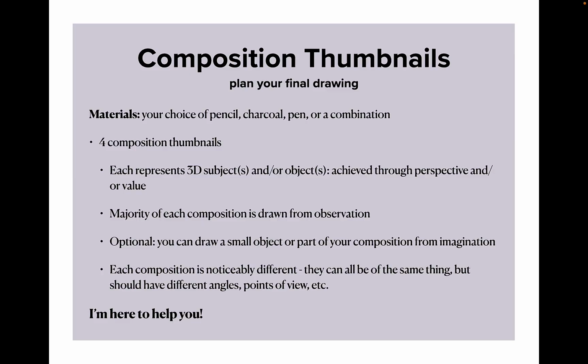You do have the option of drawing a small object or part of your composition from imagination, but the important thing is that the majority of it should be drawn from observation. And the same as we've been doing in the last few projects, you can take photos of the stuff that you want to draw, or the place, but it should be someplace that you can see in real life and that you can visit and that you're familiar with.